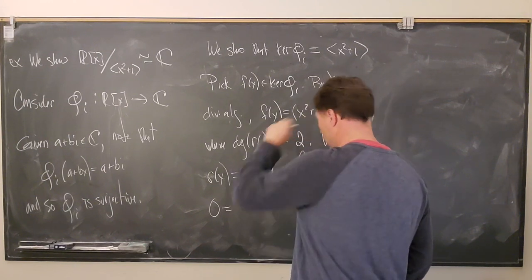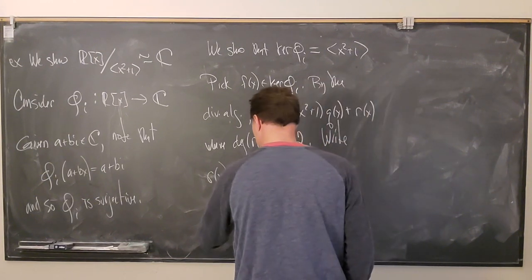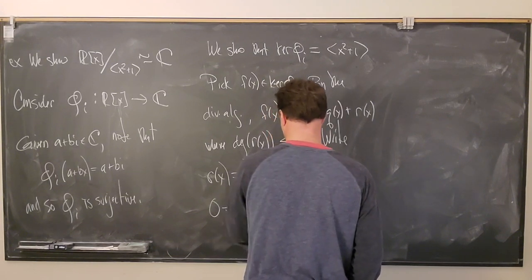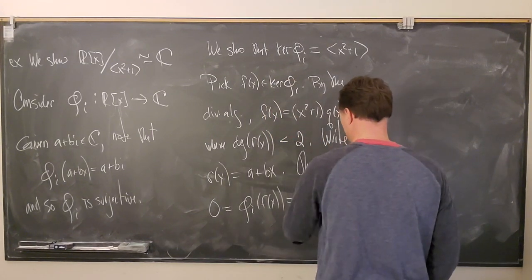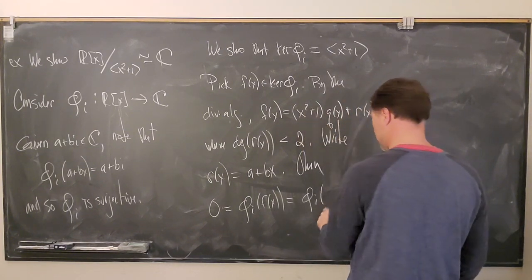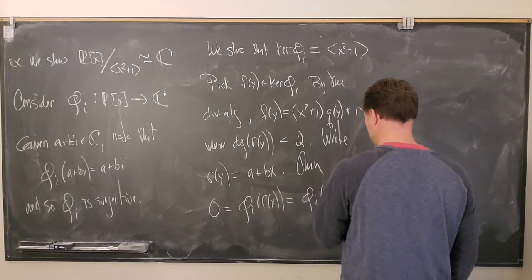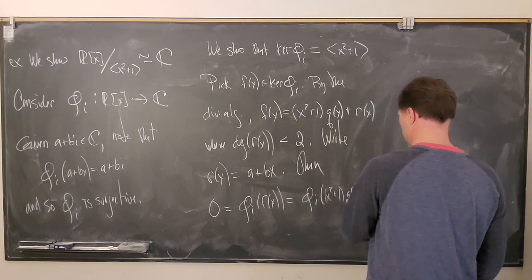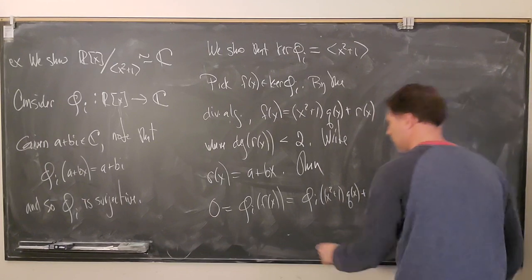right? So that's going to be 0 equals phi sub I of f of x, which is phi sub I of this expression here, so that's x squared plus 1 times q of x plus r of x.